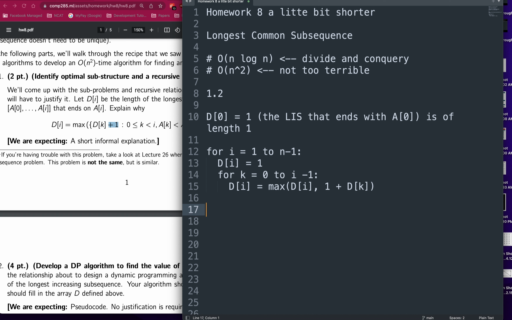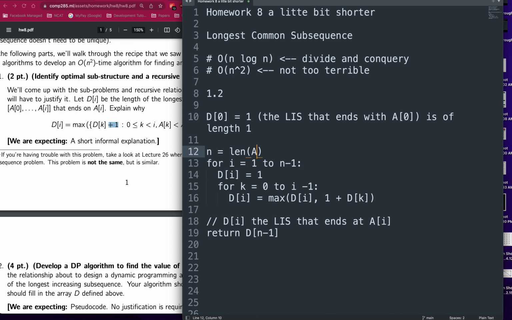And then once you've filled it up, D_i now tells you the longest increasing subsequence that ends at A_i, right? So the actual value of the largest increasing subsequence could end anywhere. It doesn't have to end at the last element. You might say, oh, I just return D_{n-1}, where n equals the length of A, right?